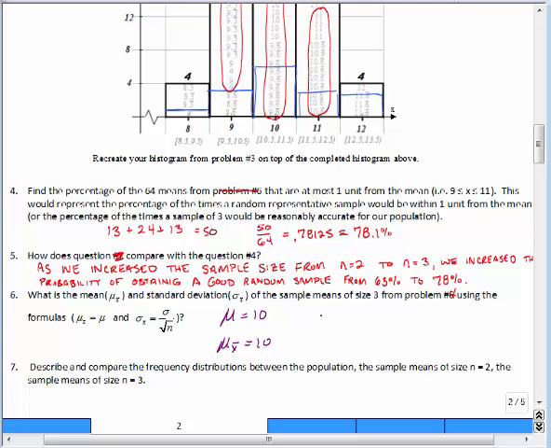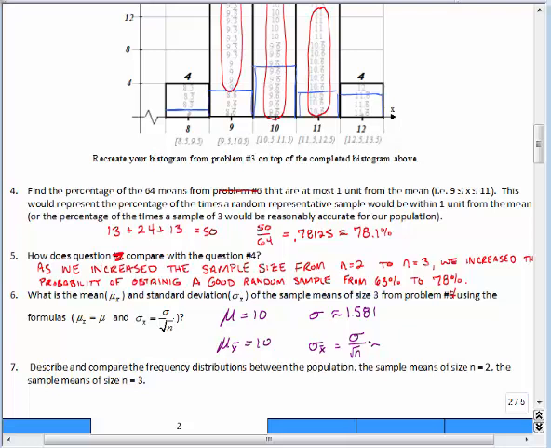And then the standard deviation of the sample means. We know the standard deviation, I think we calculated it before to be 1.581, if you look at the previous video. If we wanted to find the standard deviation of the sample means, so again, if you made a huge chart or put all of these in L1 in your calculator and asked it to calculate the standard deviation of all those numbers, the central limit theorem suggests that this is equal to sigma, which is the standard deviation of the population, over the square root of n.